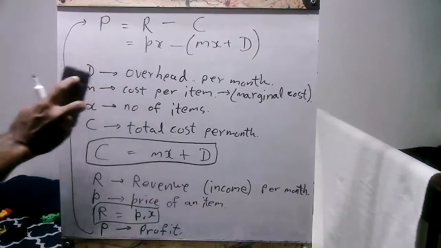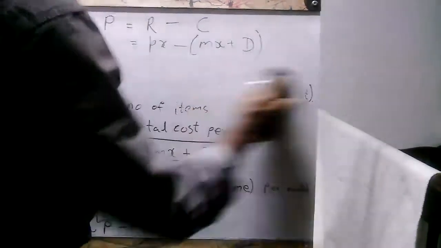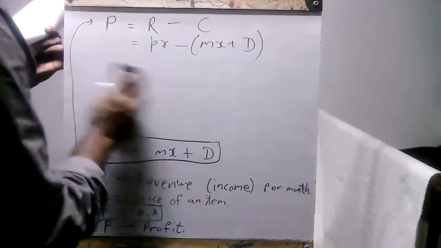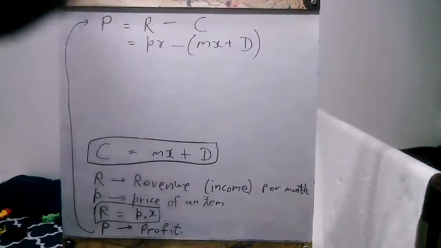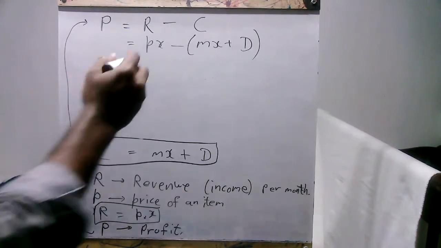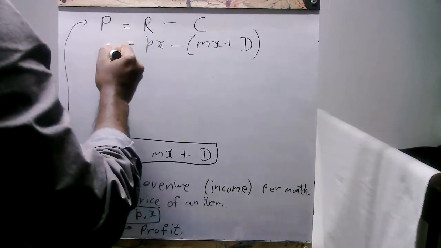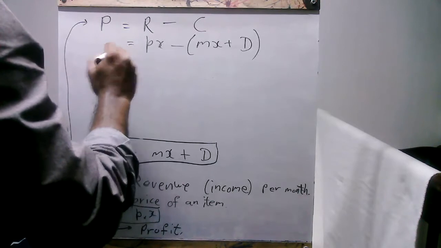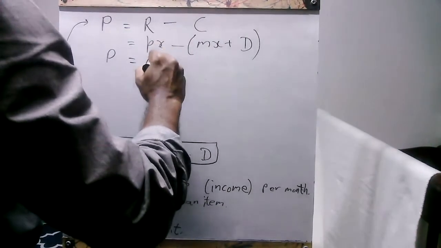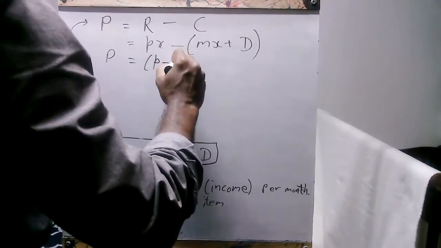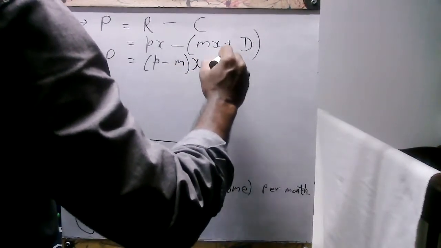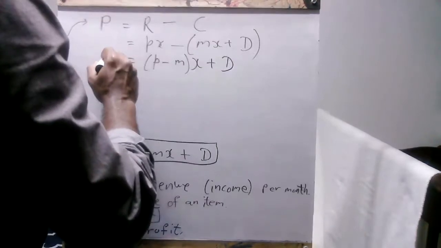I'm going to erase this. So you get, simplifying this, we get simple p minus m times x, plus d, for the profit.